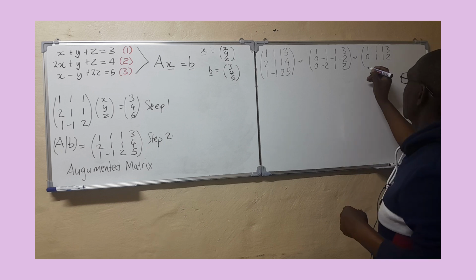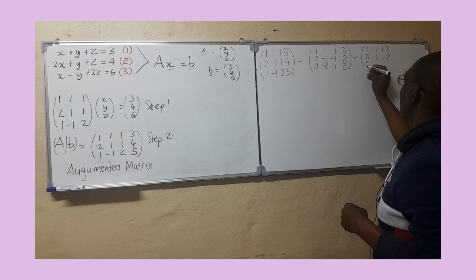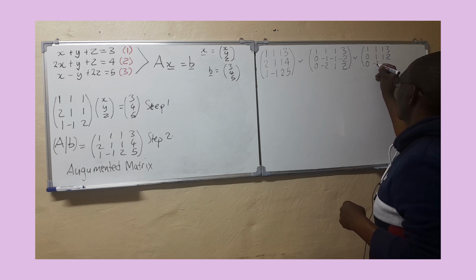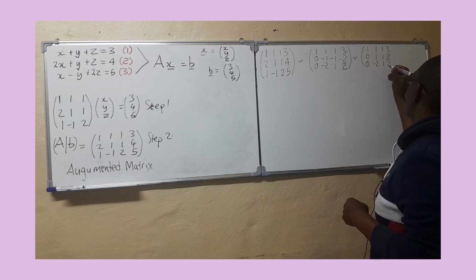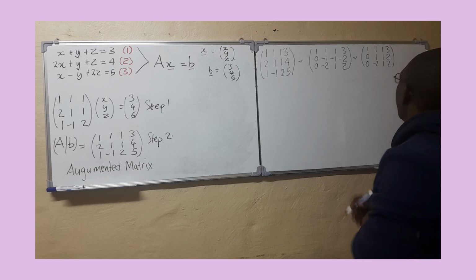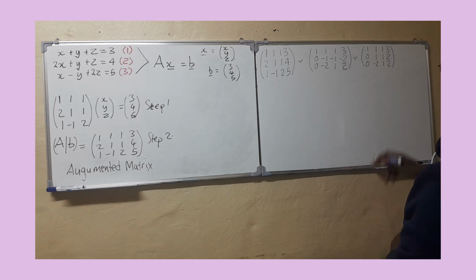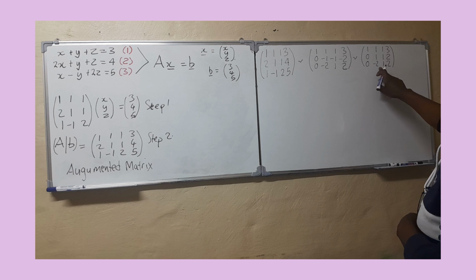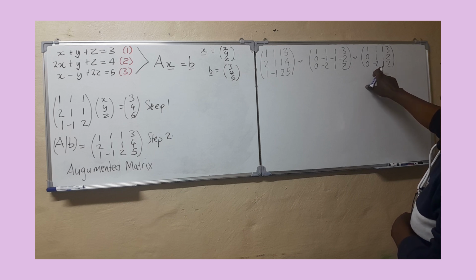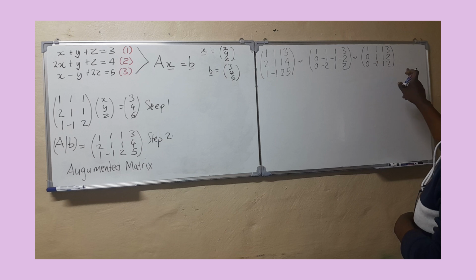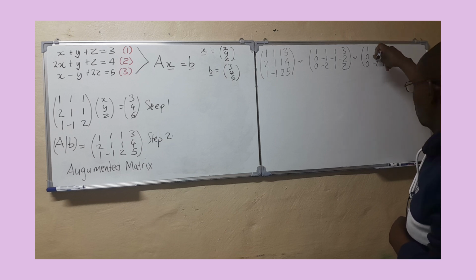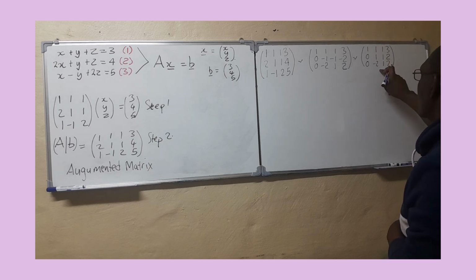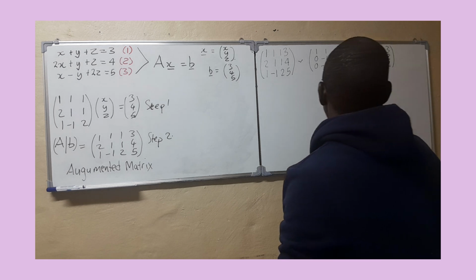And then of course your row 3 is 0, -2, 1, 2. Okay? Now I have a leading one in row 2, but I need to get rid of this guy here. So all I need to do is just to multiply row 2 by 2 and add the result to row 3.